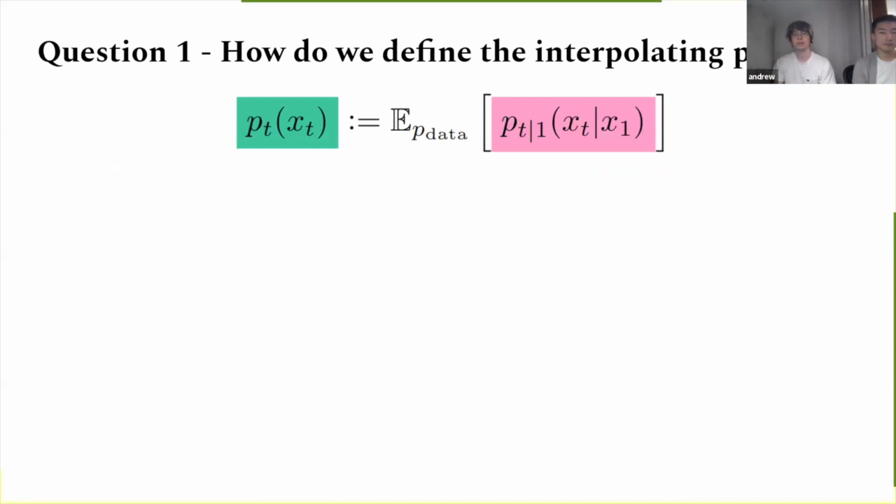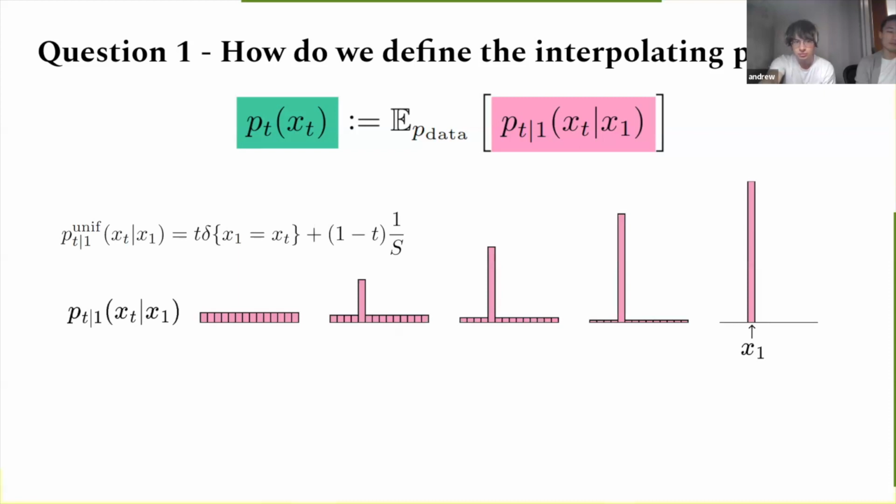To tackle the first question, this is where we take some inspiration from flow matching. We're going to define our interpolating process from noise to data as a mixture of conditional processes, conditional on some data point x1, and then our unconditional marginal distributions in green are the expectation of that conditional distribution with respect to the data distribution. To give you an idea of what that looks like, if we have a conditional distribution that starts at noise, then it's going to gradually concentrate into just a one hot vector on the conditional x1 point.